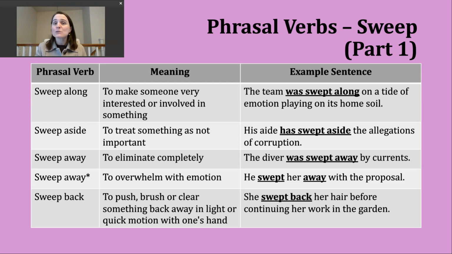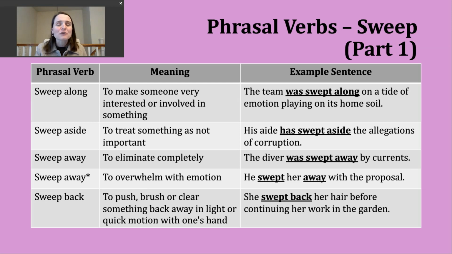So here, has swept aside is an example of the present perfect. Right? So here, maybe we have a politician that's been accused of corruption, and the assistant, the person working or supporting that politician, says those allegations, we don't care, we're not paying attention to it, it's not important.